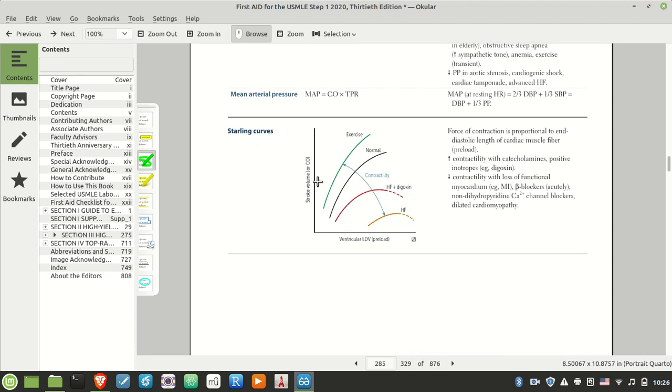With exercise, there's increased contractility to a certain extent. And you would also have a decrease in your preload, because with a whole bunch of exercise, diastole shortens compared to systole. So that's why you have this curve decreasing in preload with exercise.